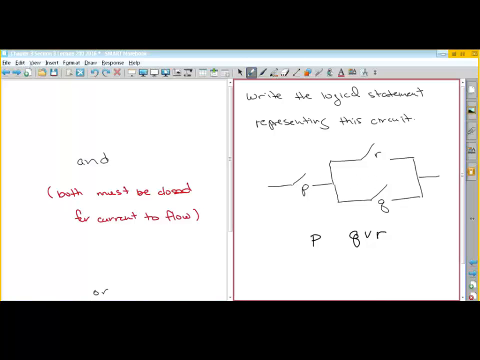Because the P switch is in series with this part, we would put an and right there, and we could put little parentheses. So that's the equivalent logic. This is the equivalent switch arrangement for this logic statement, which would be P and (Q or R).